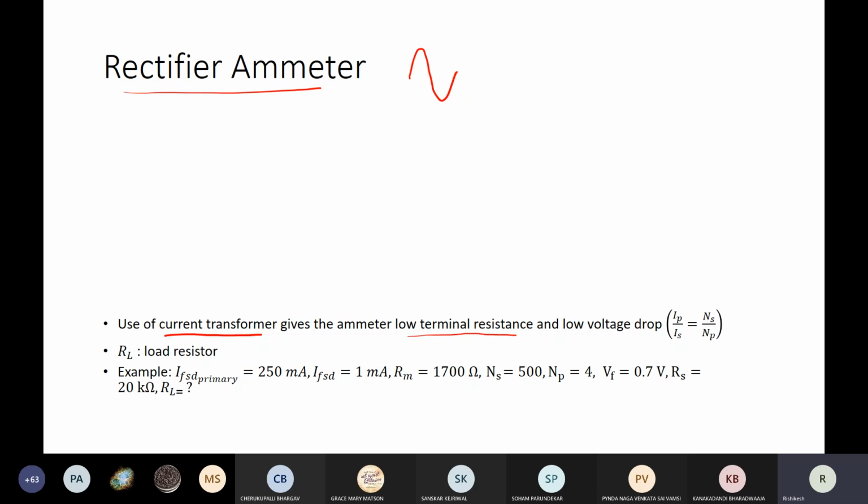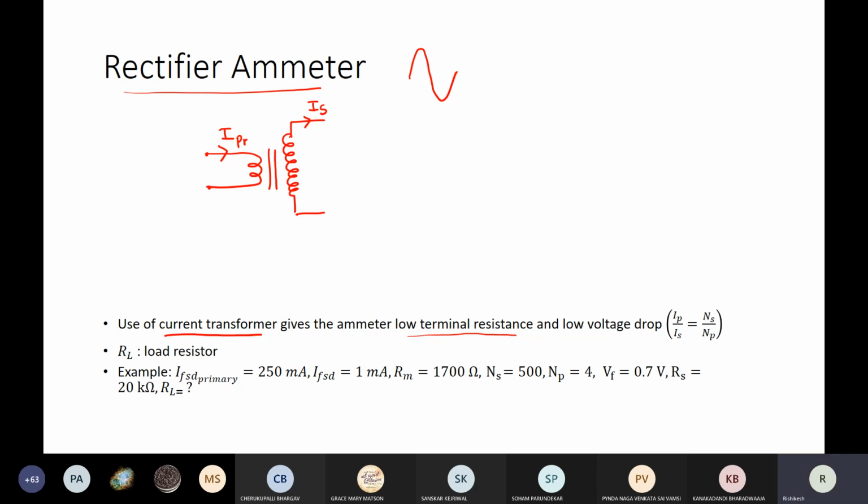Okay, so let me simply draw. In the case of current measurement, this is the current we are trying to measure. This is the primary current of the current transformer, and you have more turns in the secondary, which will create the secondary current.